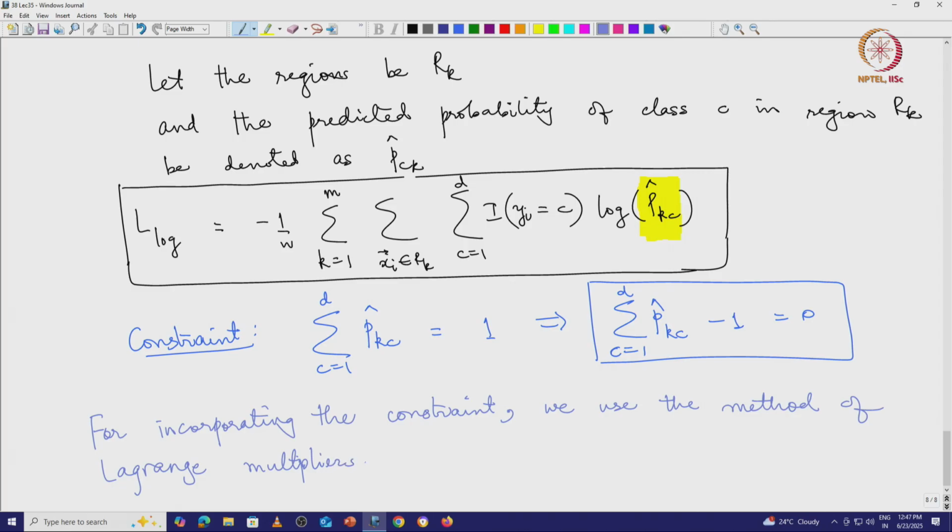And this is a very valuable method for someone to know, whenever you have to do a constrained optimization problem.